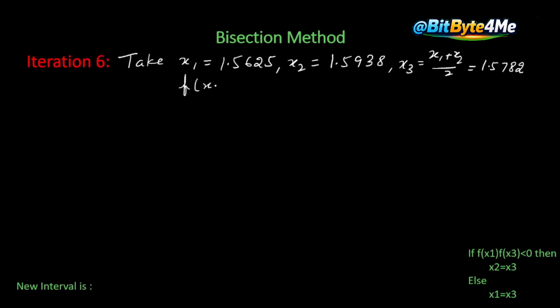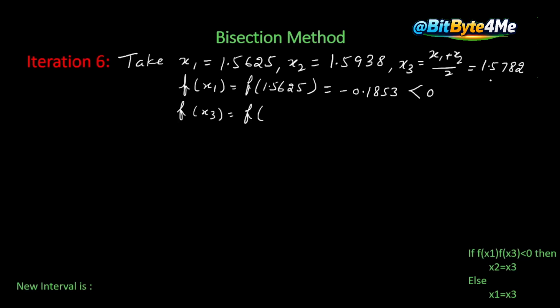So f of x1 is f of 1.5625, which we have already calculated previously, minus 0.1853, which is negative. F of x3 is equal to f of this value 1.5782, which is equal to 1.5782 cube minus 4, and if you calculate it, you will get minus 0.0695, which is also less than 0.